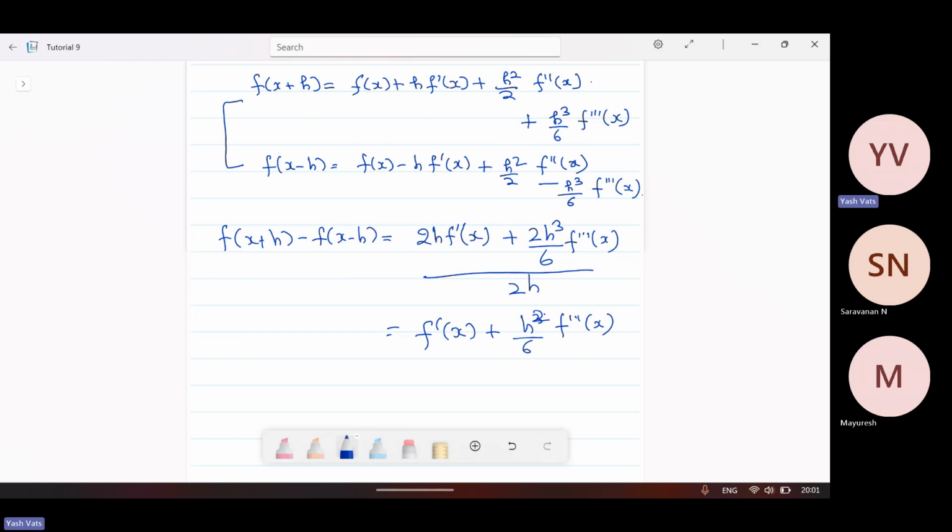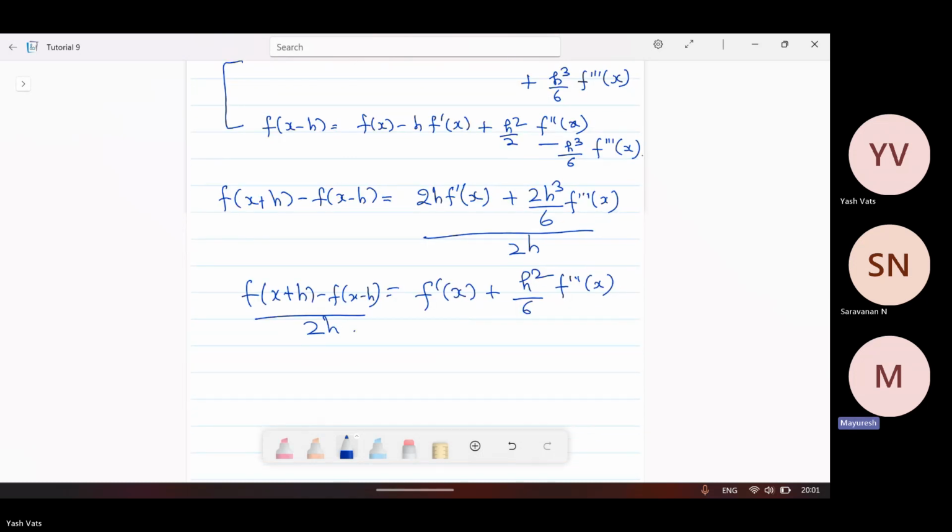So what is the order now? Can you see? The order is 2, right? We are still able to divide by h on the other side. So what is the power? It's 2. So the truncation error is of order h square.